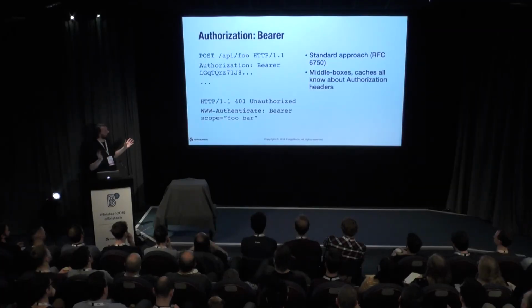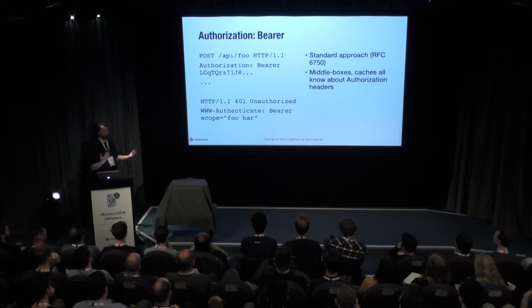So all of these middle boxes and caches and things that you go through, because it's standard, they all know about it. They all know not to log that in their access logs because it contains credentials. And for instance, the cache knows that if a request has an authorization header, it's probably private and I shouldn't cache that publicly.